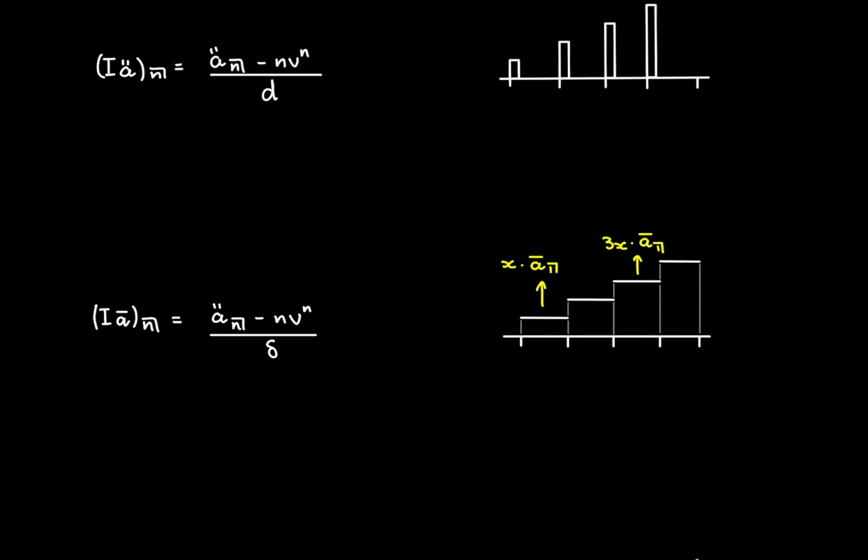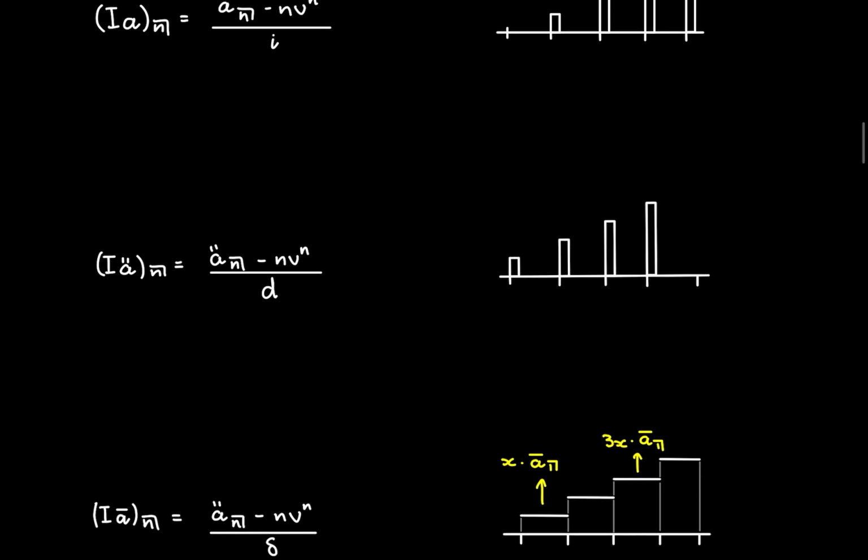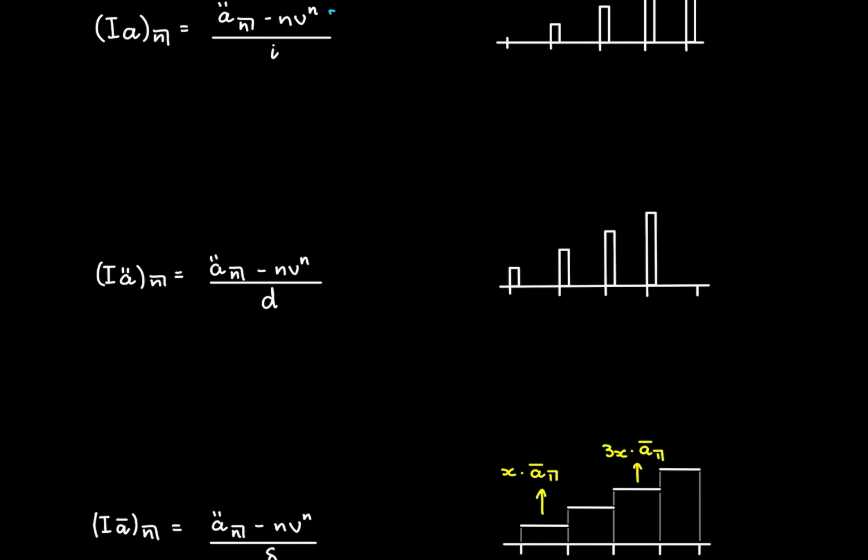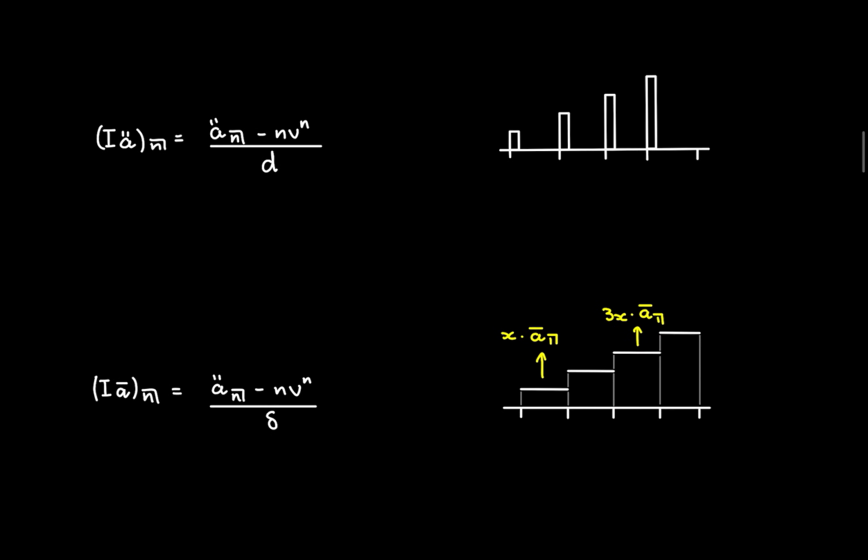Okay, and then once again, our numerator is the same. So you'll note that in all 3 of these, they have the exact same numerator. And our denominator has changed to be delta, the force of interest, which you'll know matches the denominator in our continuous level annuity, where the formula has 1 minus v to the n over delta, and this delta, the force of interest, is the same, so that helps you remember that as well.